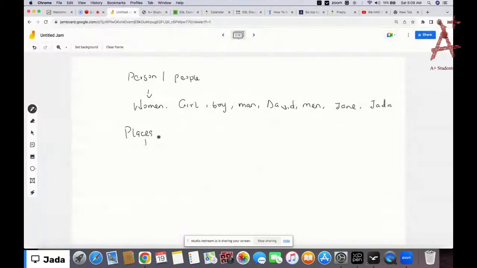Places could be Canada, swimming pool, the park, if you like to go to the park, or classroom. So all these are examples of places.